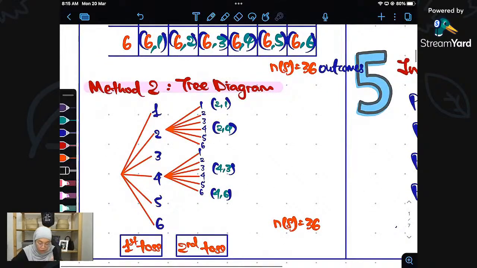the next toss, when you toss the next one, the first toss, this number one, gives you another, the second trial, the second toss.